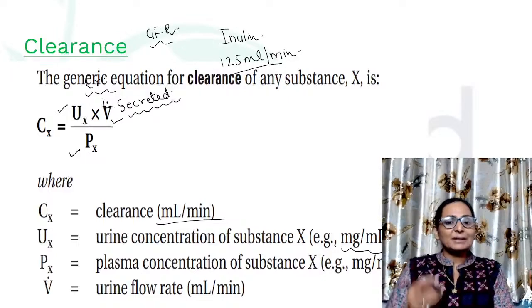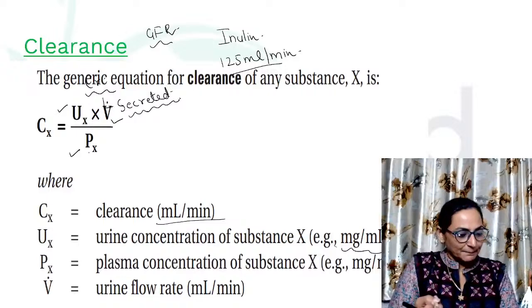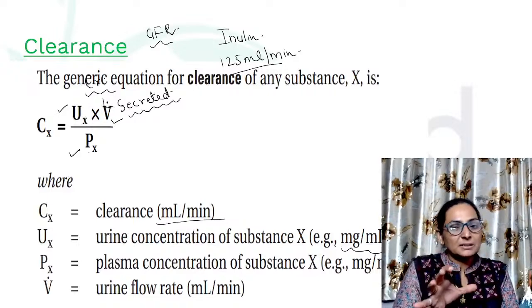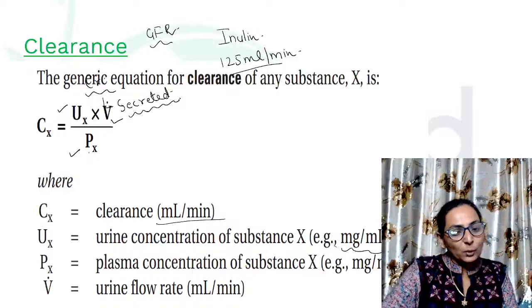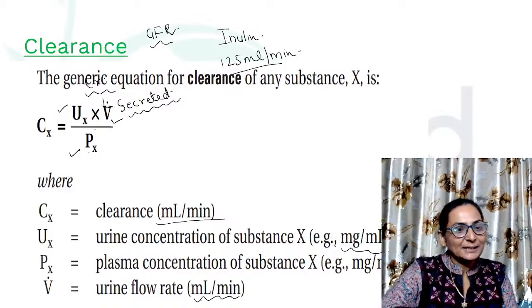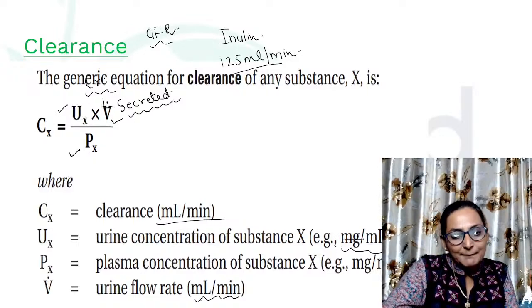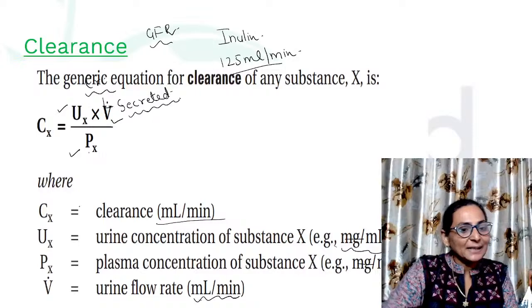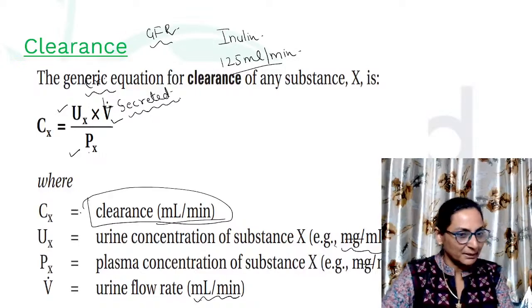It could be even gram per liter. It could be even milliequivalents. It is never per minute. However, the urine flow rate is in ml per minute, and therefore this ml cuts, and therefore this milligram per ml cuts, and therefore clearance का जो value आता है ये हमेशा आता है आपका ml per minute में.